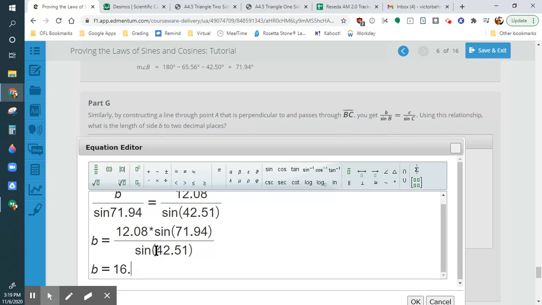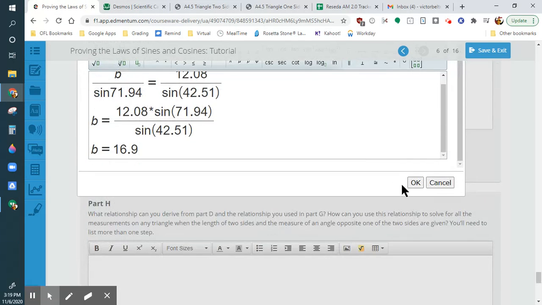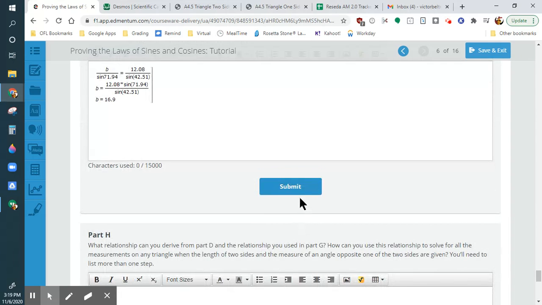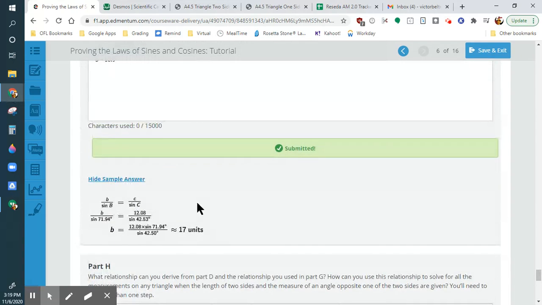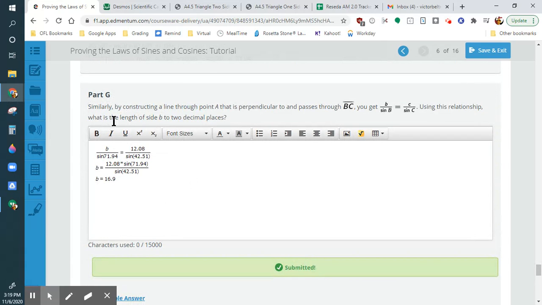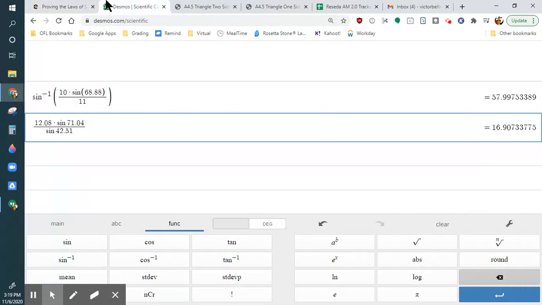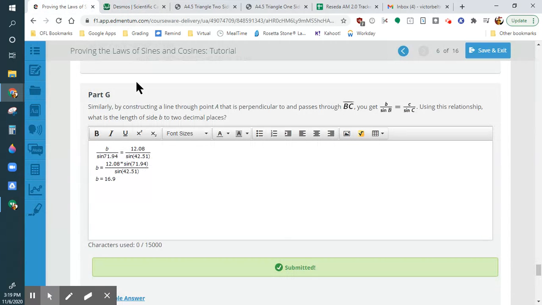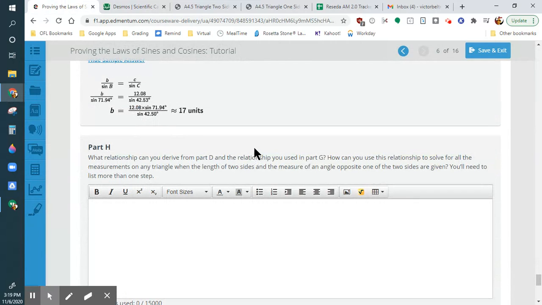So B equals 16.9. And let's submit it to see how close I am. They wanted it to the nearest whole number? They said 2 decimal places. This is Edmentum being its Edmentumimus.